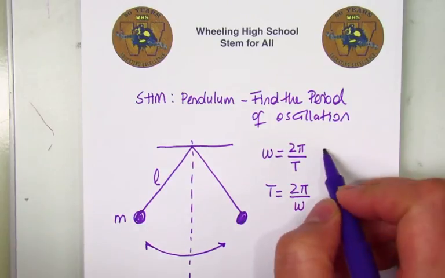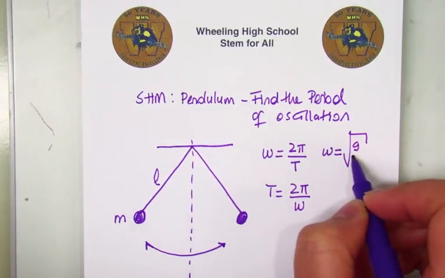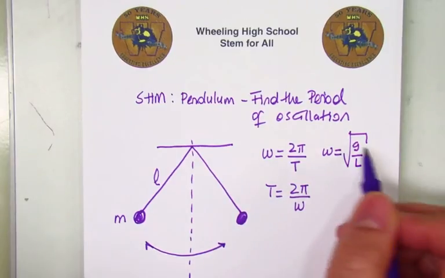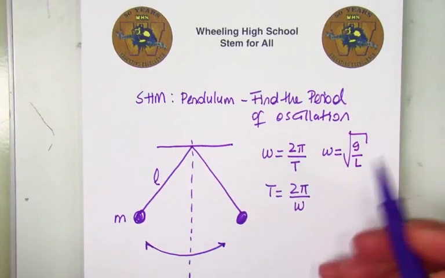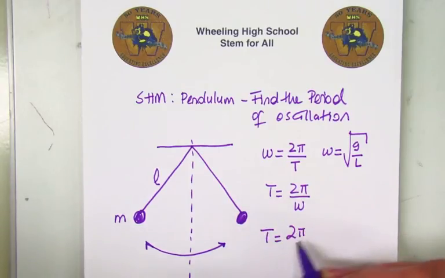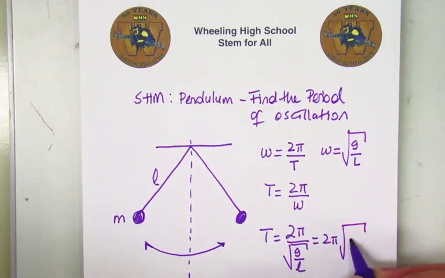And angular velocity in the pendulum is the square root of g over L. I'm not going to talk about how you find this. In fact, when you plug this in, 2 pi, and then instead of angular velocity, you plug in g over L, and then you have to take the reverse of that fraction.